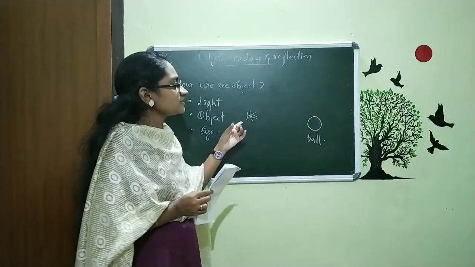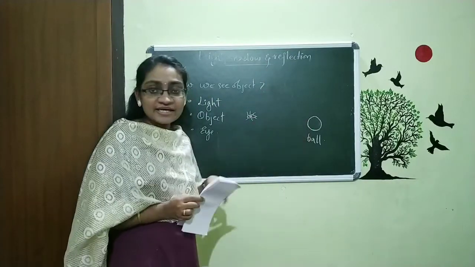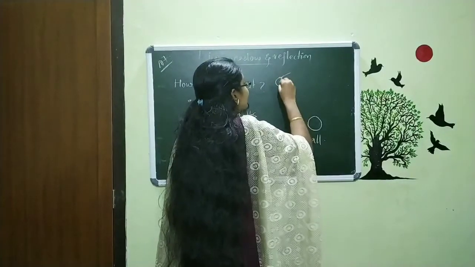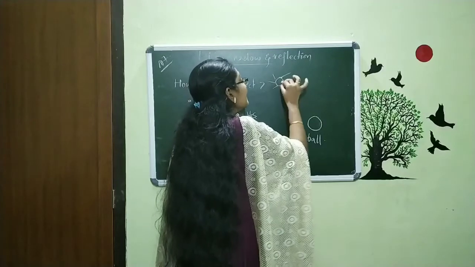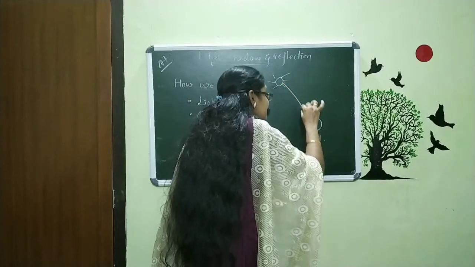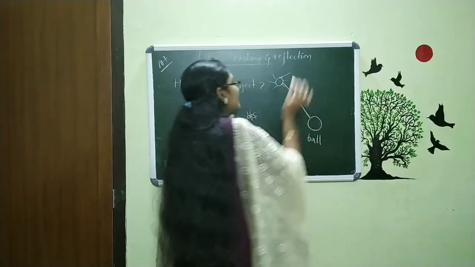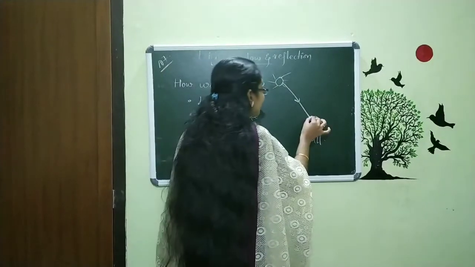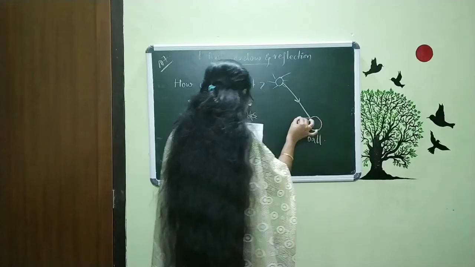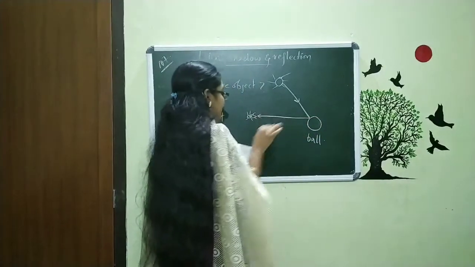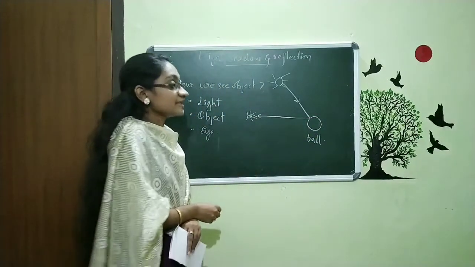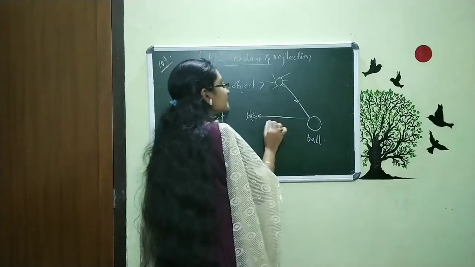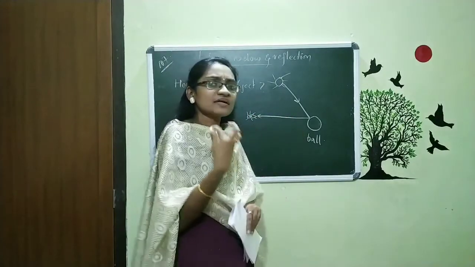Is it possible to see this ball with this eye? No. The procedure is very simple. The sunlight is first hitting on the ball, and then this light travels back to our eye. This is the procedure by which we can see any substance.